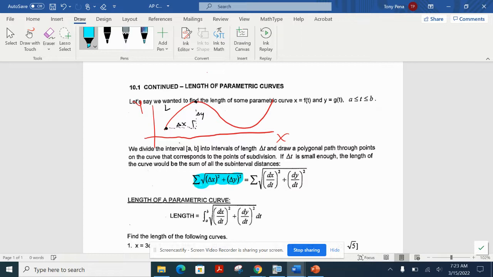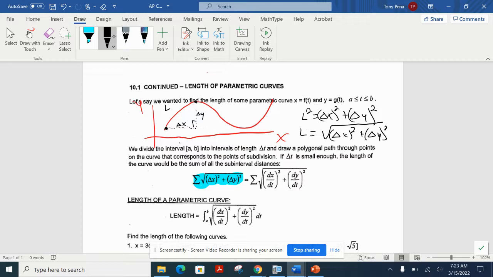If we set up the Pythagorean theorem, the length squared is equal to the change in x squared plus the change in y squared. Take the square root of both sides, we initially get a plus or a minus, but since we're looking for a length, it can't be negative. So that sets us up to approximate the length of this.